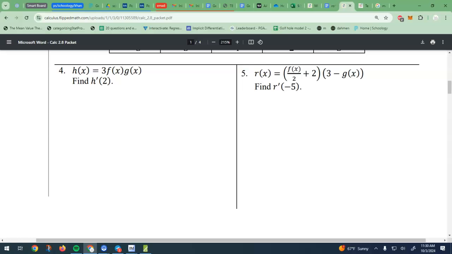Rewrite it if you want. So look at how I wrote it. Look up. If you don't, don't. So I'm just pulling out the 1/2 there. And if I pull it out in front, now it's not a fraction anymore, which makes it easier.